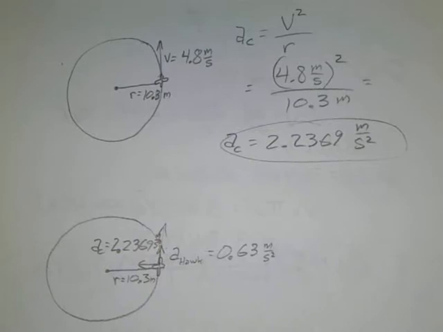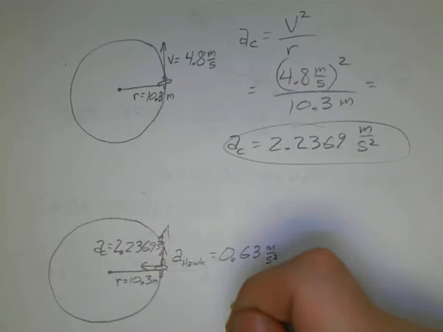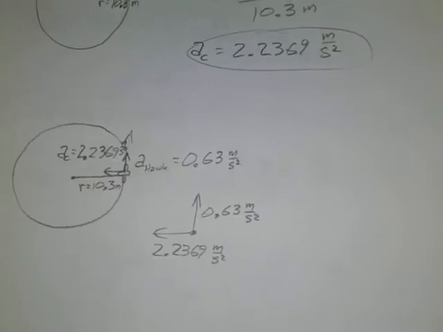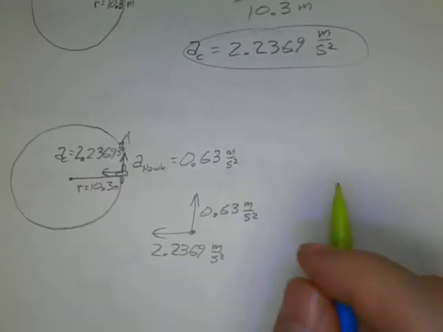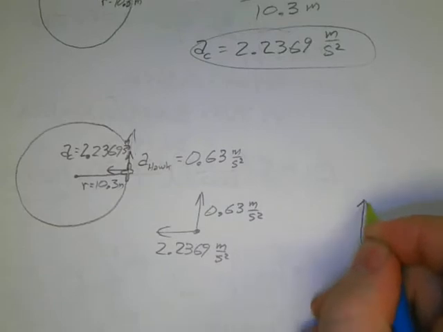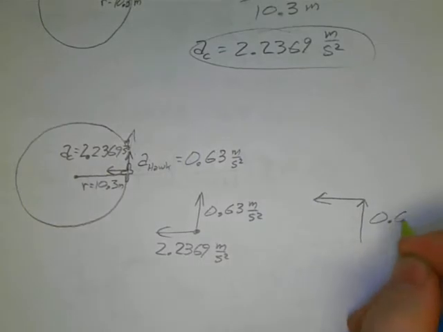So if I do an acceleration diagram, and hopefully you see where this is going. We have two accelerations that are at right angles to each other. So I'm going to add them together like vectors, or as vectors, because they are vectors.